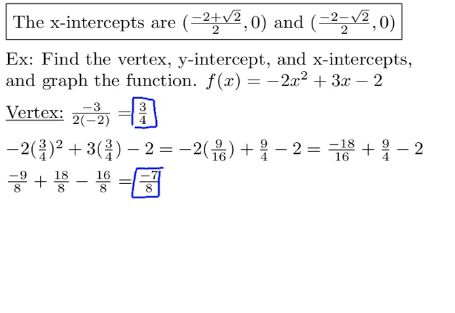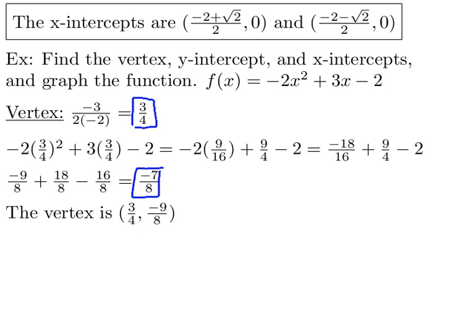So that means the vertex is (3/4, -7/8). Oh, close parentheses.